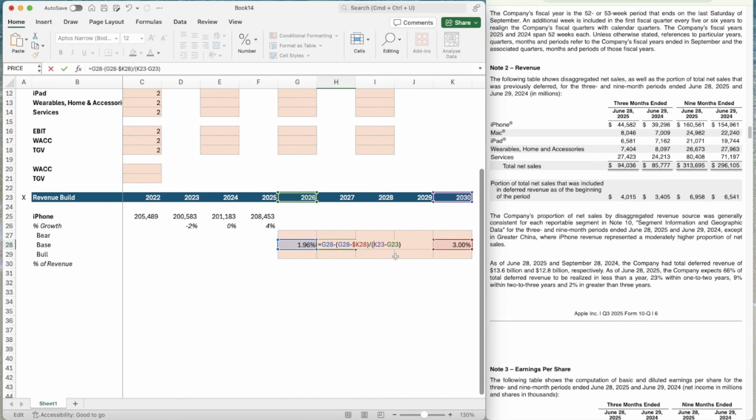And then for here, we want to lock in the column and the row, because this will always be the same for each product segment that we simulate. And then this one, we want to keep the row, but we want these columns to adjust dynamically. So we put the $ sign in front of that. When you put a $ sign in front of the column or the row, it locks it in, meaning when you copy paste, it will adjust, but we'll keep that specific column or row. So let's go enter.